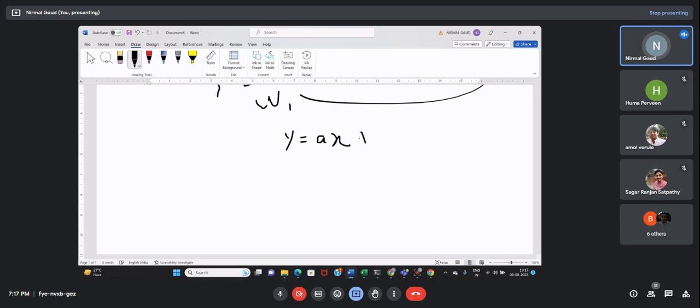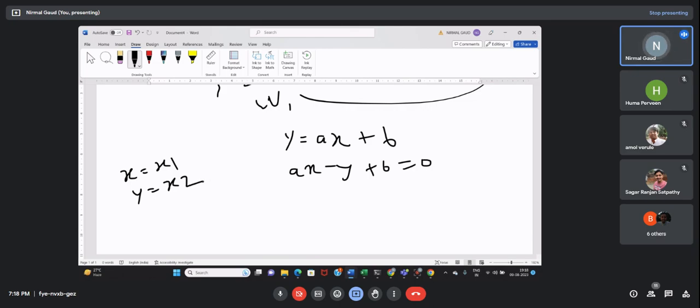We started with a linear equation only, and then we switched y here and wrote ax minus y plus b equal to 0. Then it was told to you to call x as x1, and y as x2.